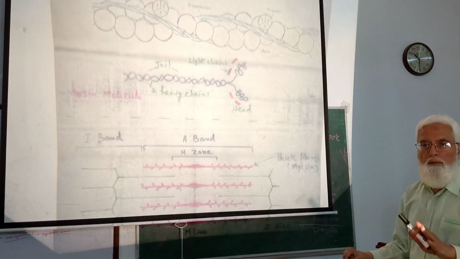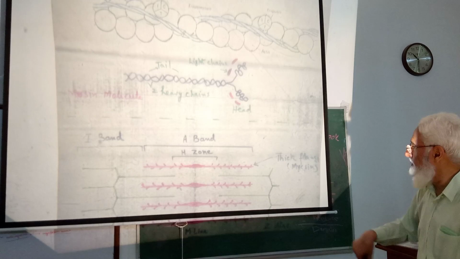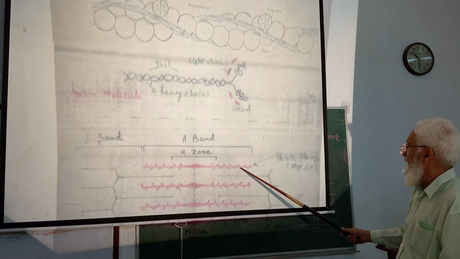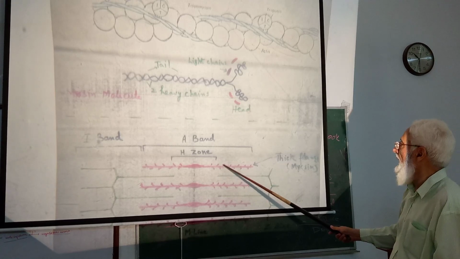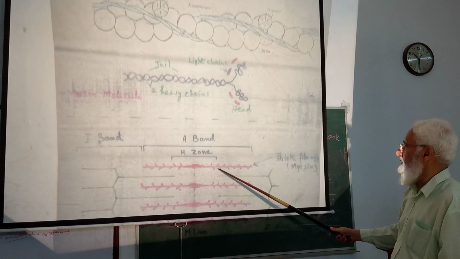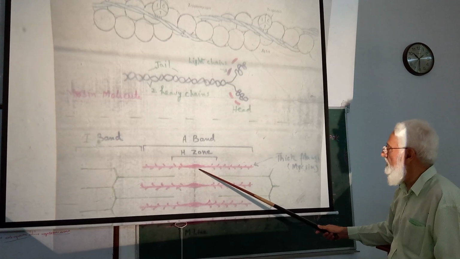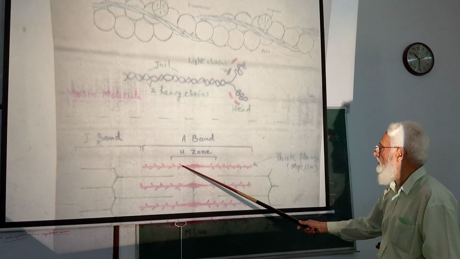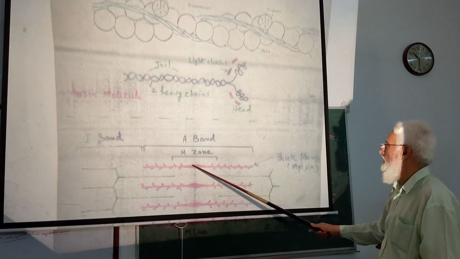So you may be very clear about the cross bridges. Cross bridges protrude out from the sides of the myosin molecule, and these consist of the arm and head portion. The body or tail portion is present in the central part of the myosin filament.